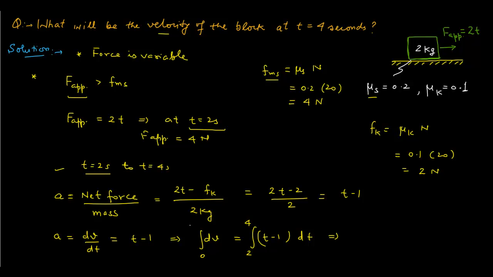At t equal to 4 seconds, we have to calculate this v. So our final result is v equal to t square by 2 minus t, and the limit is from 2 to 4. And if you solve it, you will get 4 meter per second.